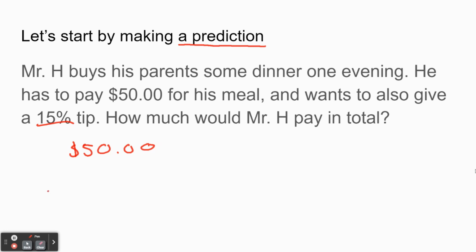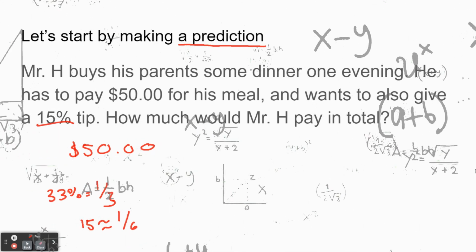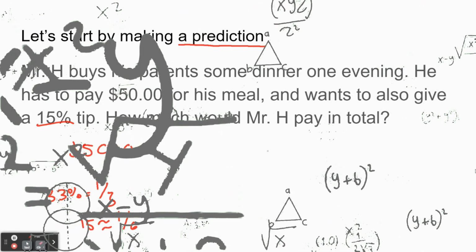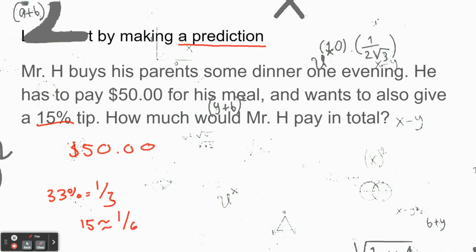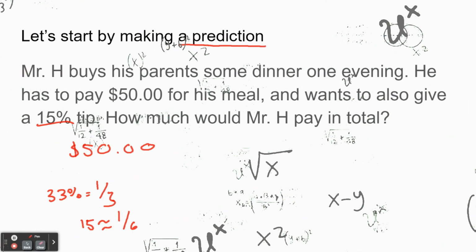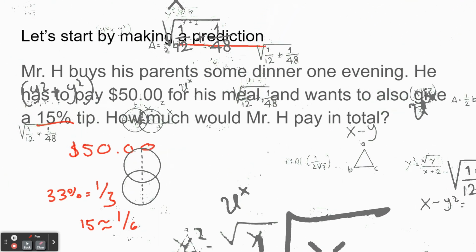However, I do know that 33% is the same thing as a third. So 15% should be kind of like a sixth. It's not going to be exactly a sixth, but it's like half of a third almost. So if I think, what is a sixth of 50? Well, 5 times 10 would be 50.